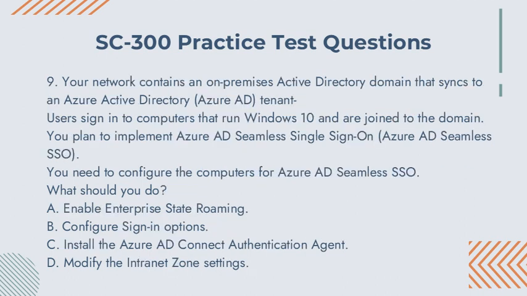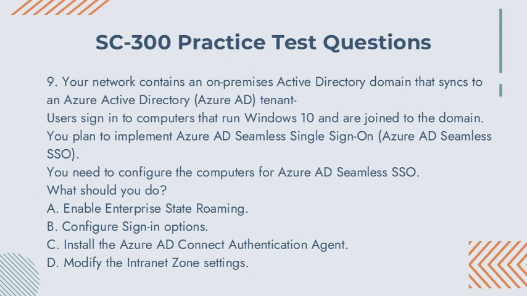9. Your network contains an on-premises Active Directory domain that syncs to an Azure Active Directory, Azure AD, tenant. Users sign in to computers that run Windows 10 and are joined to the domain. You plan to implement Azure AD Seamless Single Sign-On, Azure AD Seamless SSO.